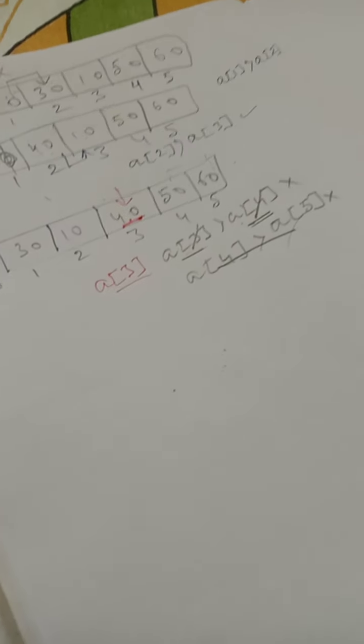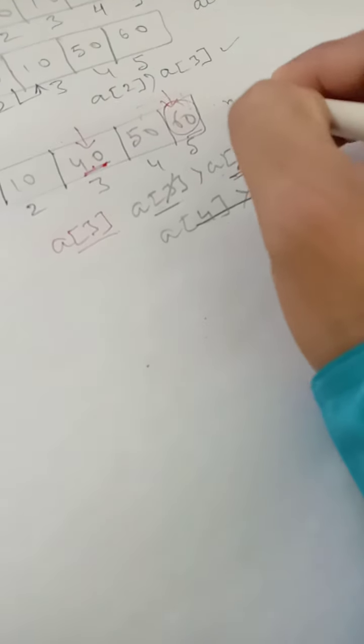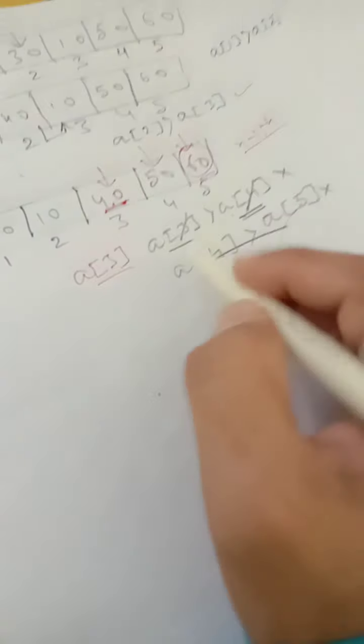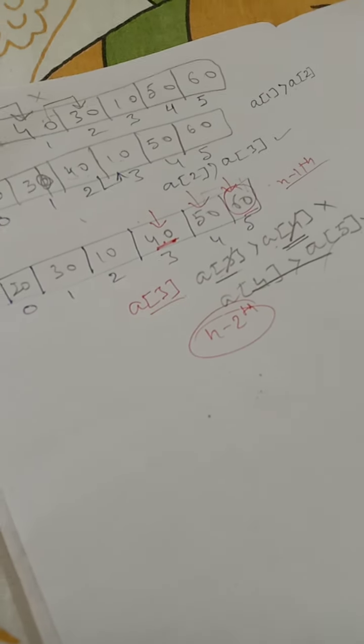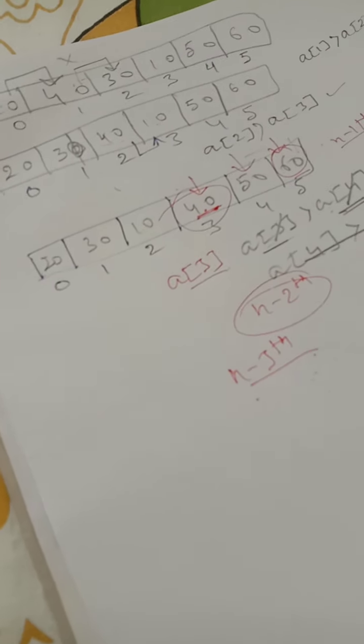So on the very first pass, we see that 60 is placed at the n minus 1th position. My second highest element, that is 50, is placed at the n minus 2th position. My third highest element, that is 40, is placed at the n minus 3th position.